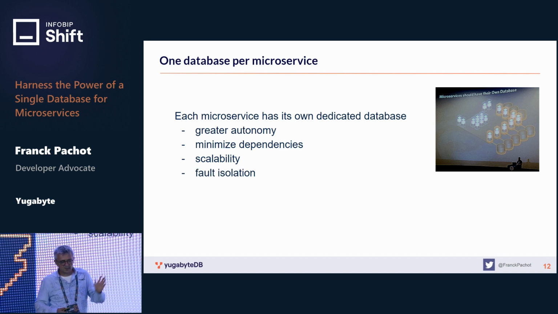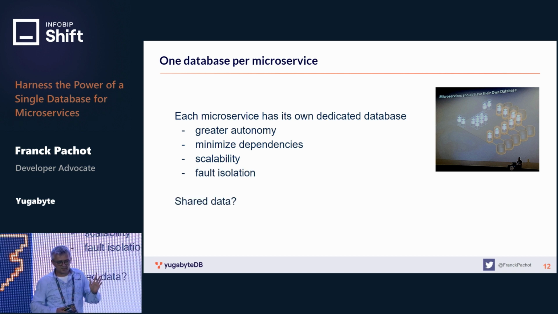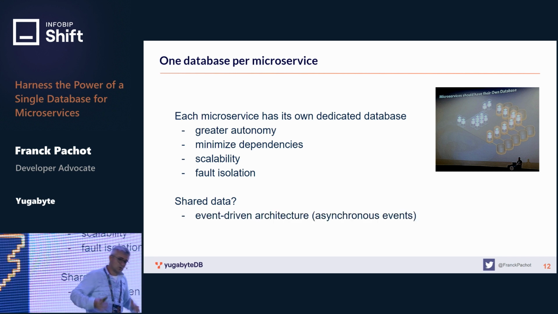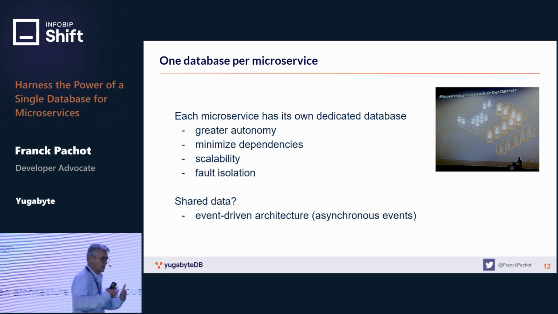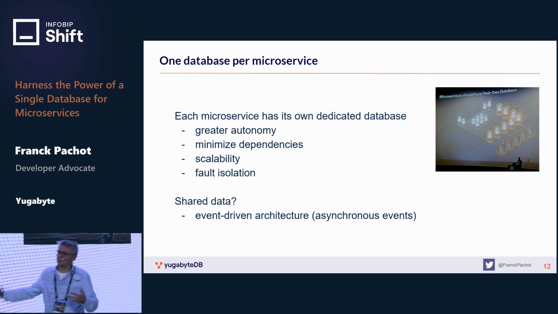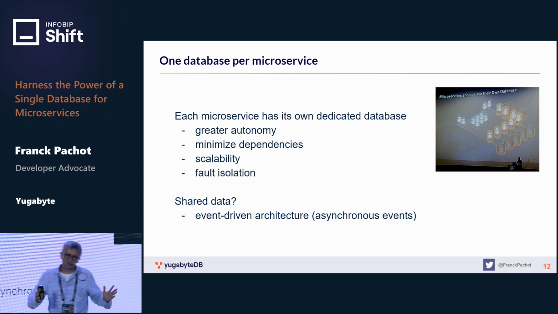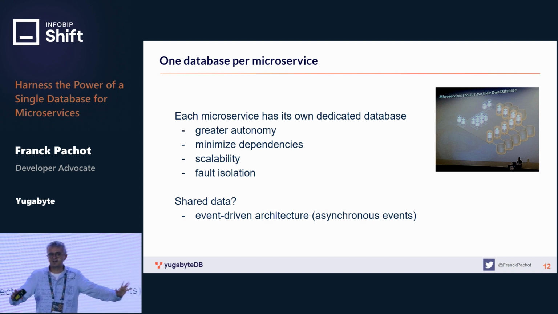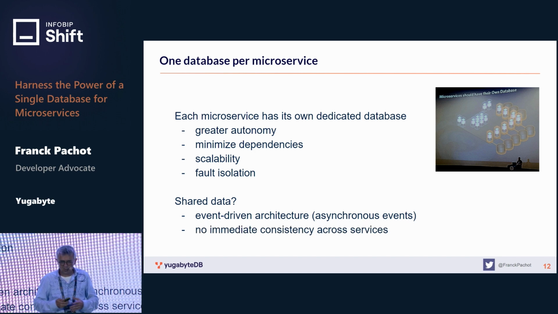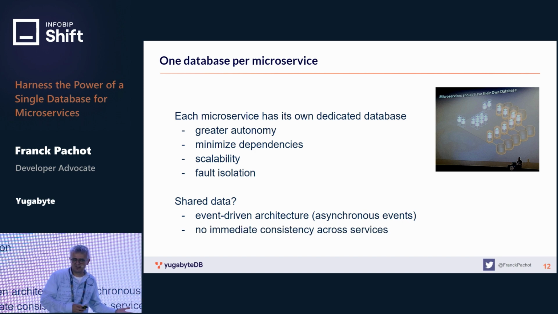You probably know the reasons, but the problem comes with shared data. Then you go to an event-driven architecture where you will send the changes from one database to the other. So you are decoupled because it is asynchronous, but then you have more problems to manage, like consistency. So that works, but that's not easy.